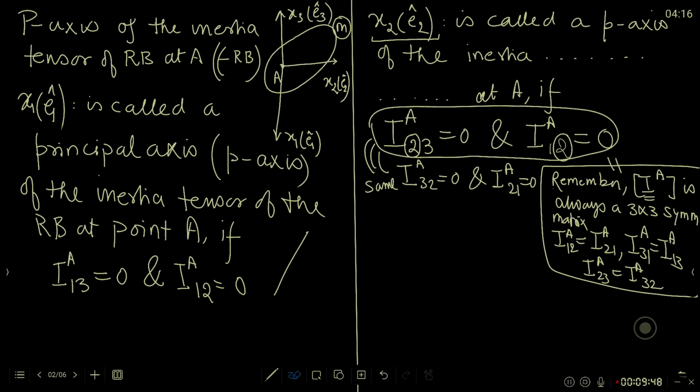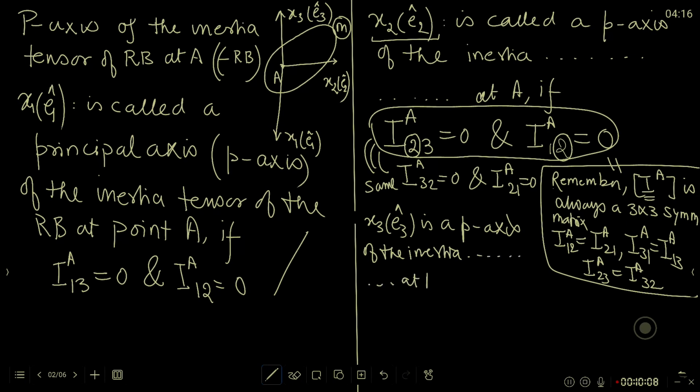Alright. Similarly, I can say that x3 e3 is a P axis of the inertia tensor, same words, at A if, what would be the condition?